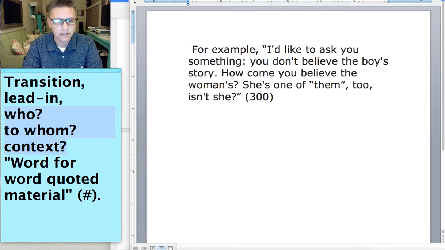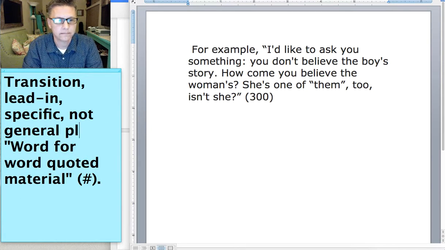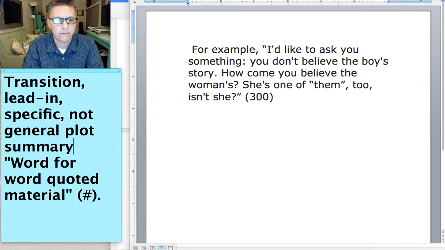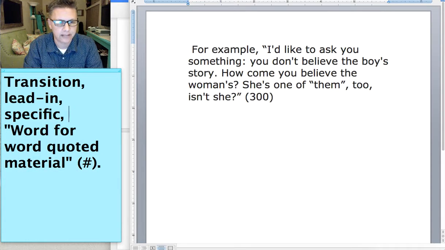Number one, it has to be specific, not general plot summary. We don't want to say something like a bunch of jurors were talking and one of them said this. So we want to be specific as to what exactly just happened, not general plot summary.